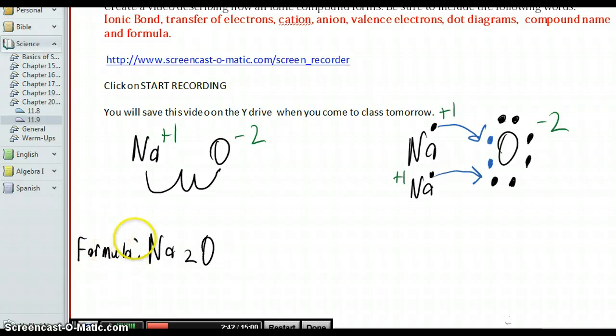Formula. I kind of like to write it in red, actually. Kind of OCD like that. Formula.